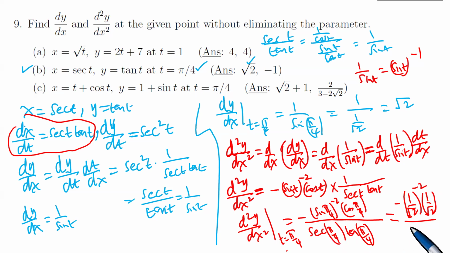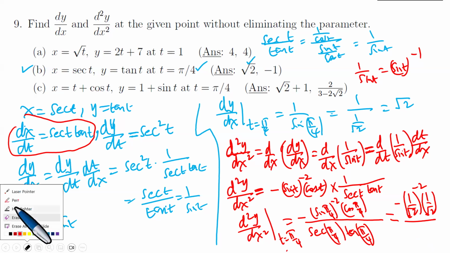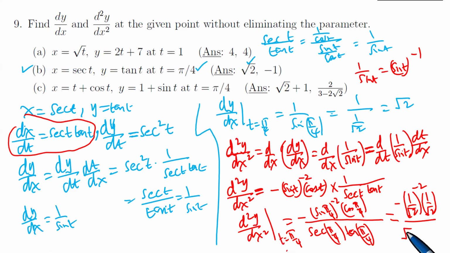This one becomes 1 over the cosine of that, so it becomes just the square root of 2. And the tan of pi over 4 is 1.